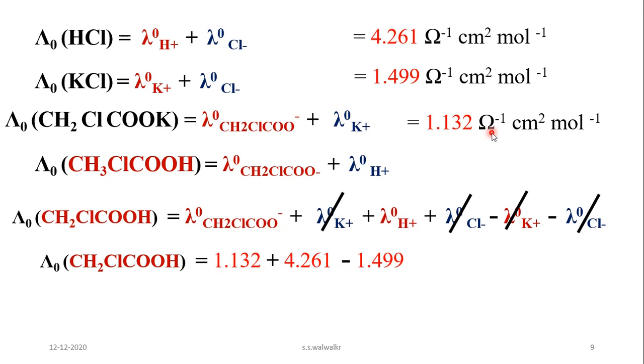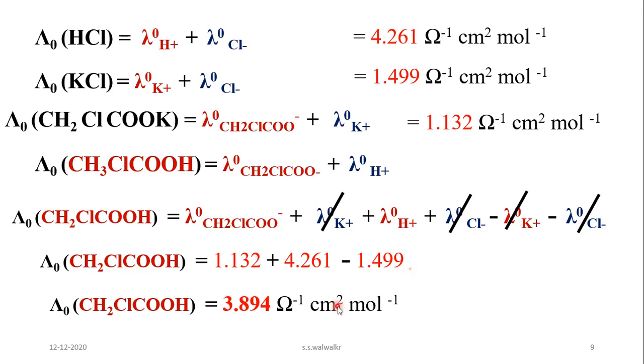So if you substitute these values, that is 1.132 plus 4.261 minus 1.499, it is equal to 3.894 ohm inverse centimeter square mole inverse, and that is the molar conductivity at infinite dilution of monochloroacetic acid.